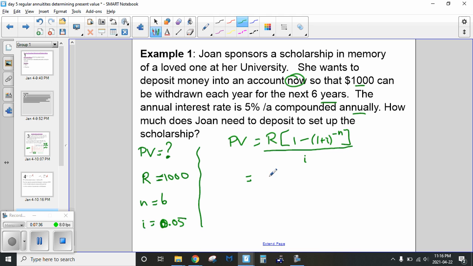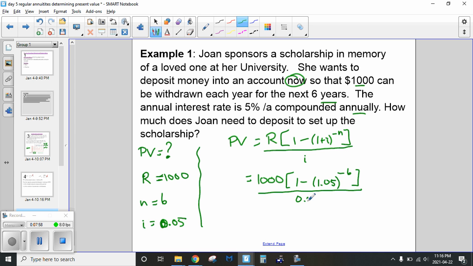I'm going to do the substitutions. So the regular deposit or the regular withdrawal that's going to be made is $1,000 every year. The interest rate was 5%, and the exponent is -6 for the 6 years.